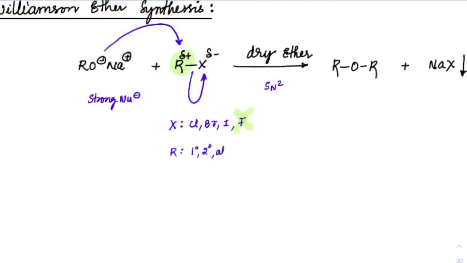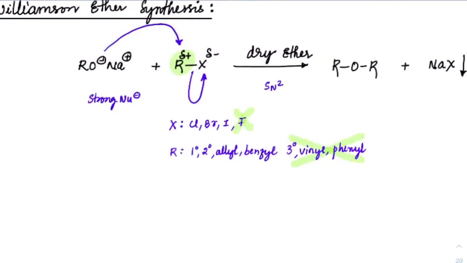It should be either allyl or benzyl. This is an important condition. And it cannot be 3 degree, it cannot be vinyl, it cannot be phenyl, right? So it has to be any of these conditions, then only SN2 would happen.